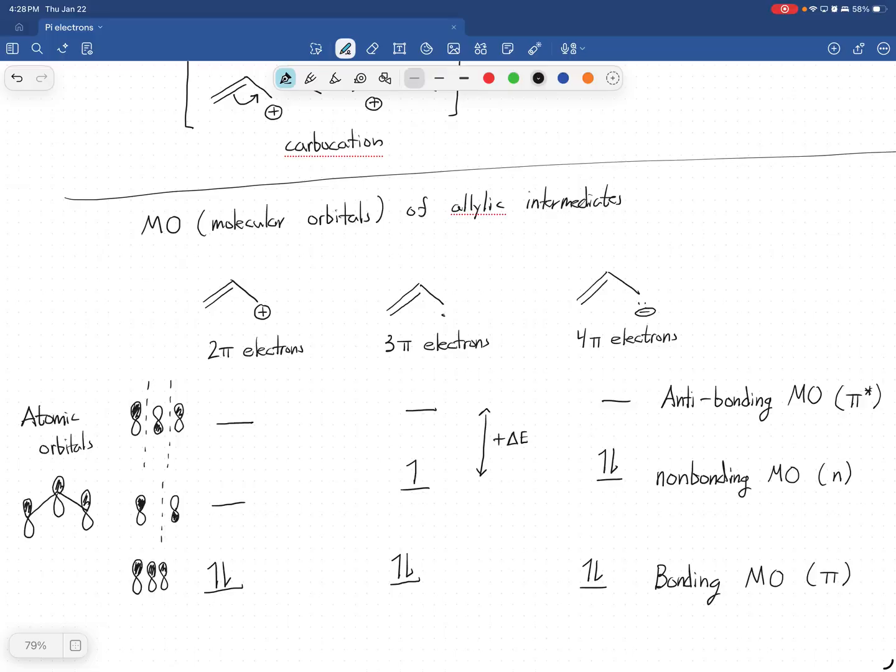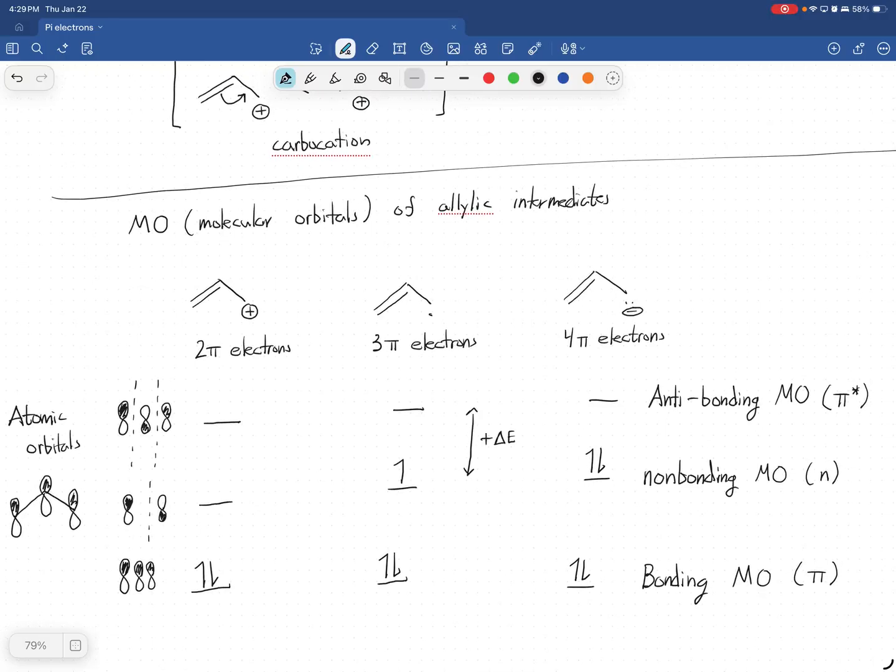Okay, so these dotted lines, that's a node. A region of space where you're not likely to find the electron at all. You get that by observing the wave function of the electron, but don't worry too much about that. Just keep this orbital picture in mind: pi bond, pi MO, N, and then pi star.